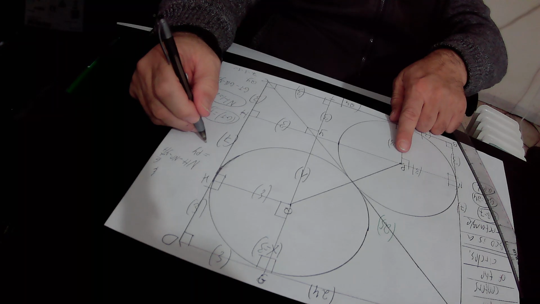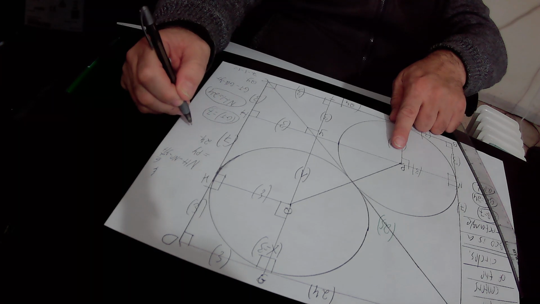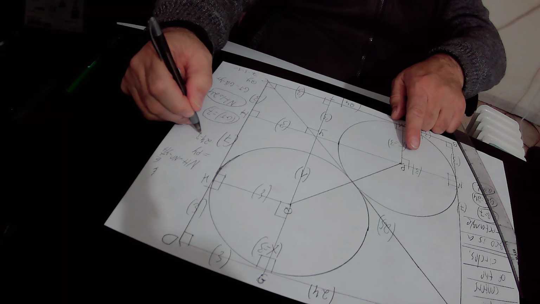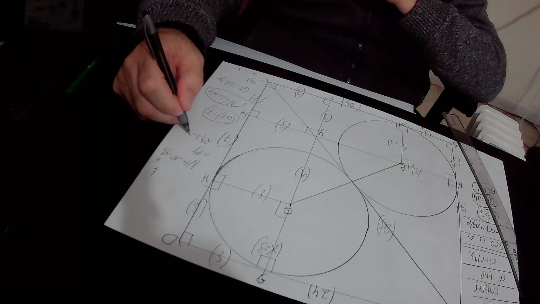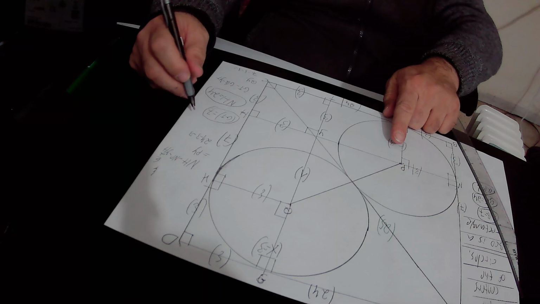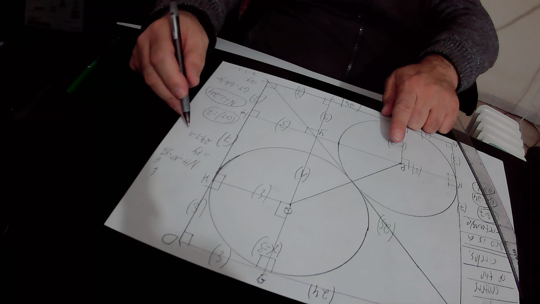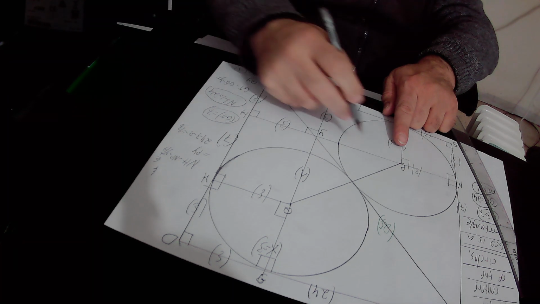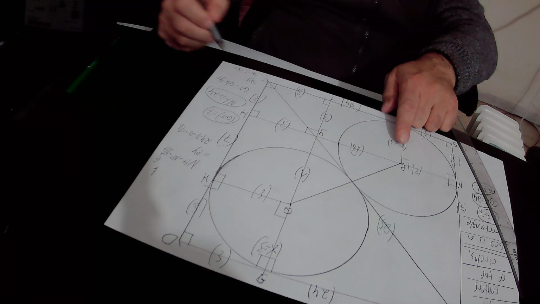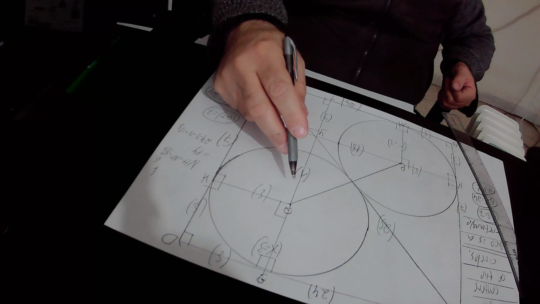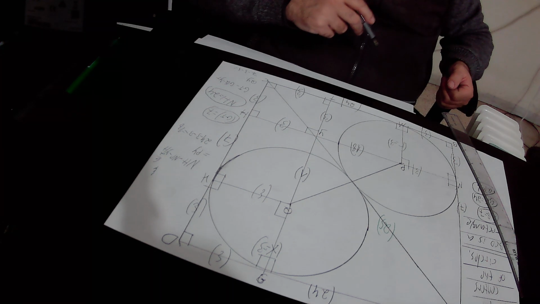So in total PY equals 24 minus NP that is 3 minus YH that is also 3. So PY in total equals 24 minus 3 minus 3, that is 18. So PY equals 18 units in length. And we already found out that QY equals 1.